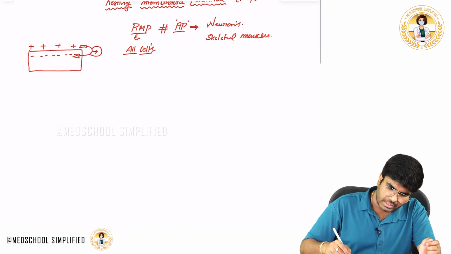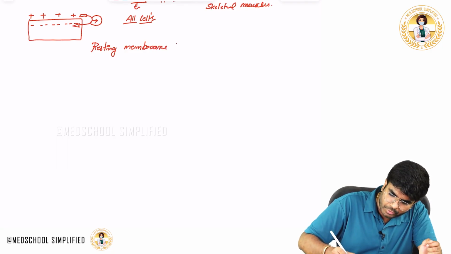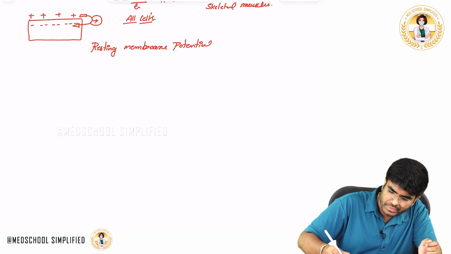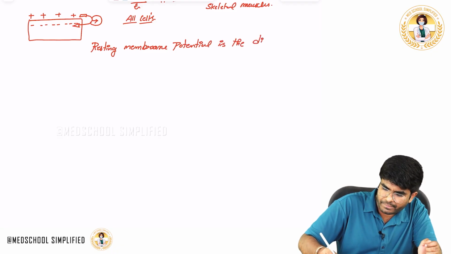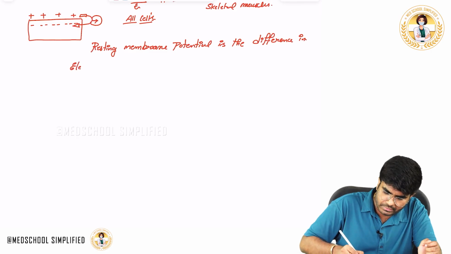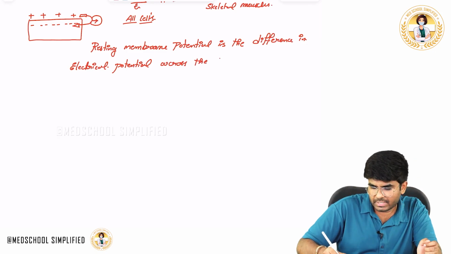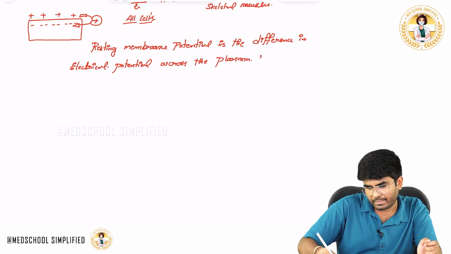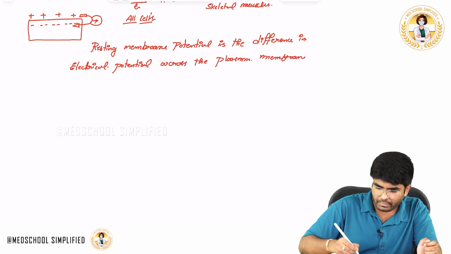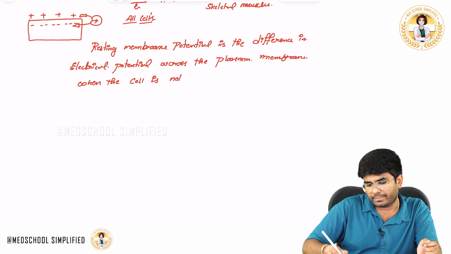The resting membrane potential is the difference in electrical potential across the plasma membrane when the cell is not stimulated.